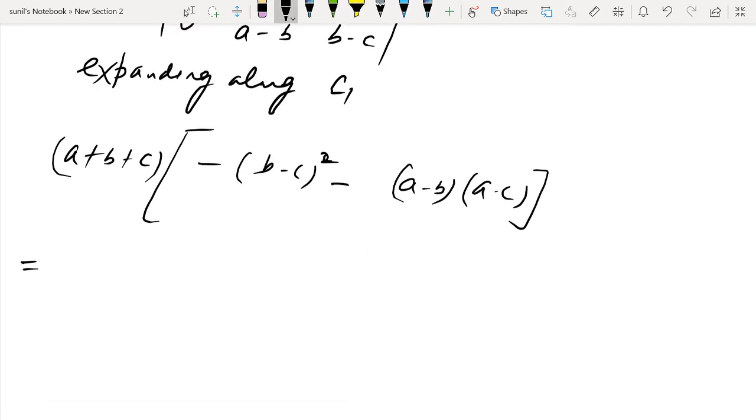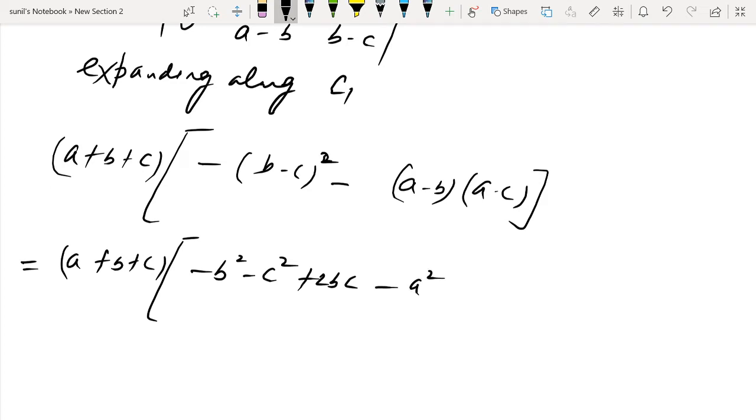Now if we open it, it will be A plus B plus C, minus B square minus C square plus 2BC, minus A square, and minus, now see what is that, minus plus AC and plus AB and then minus BC.